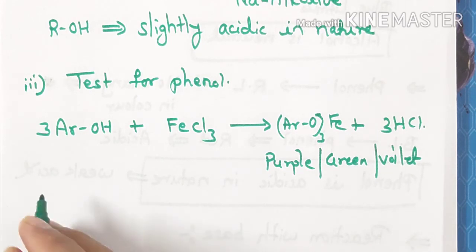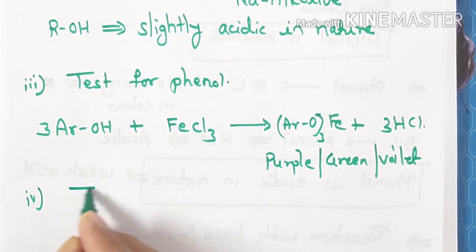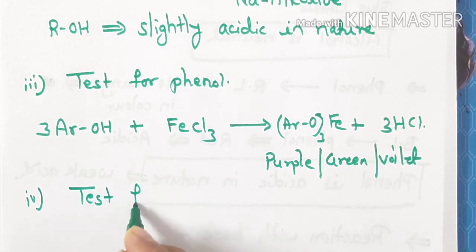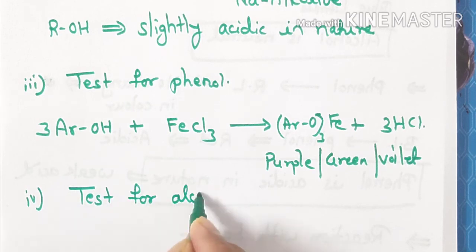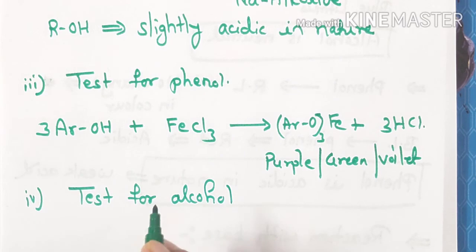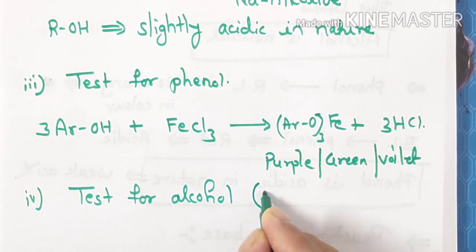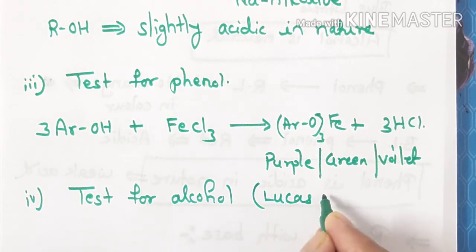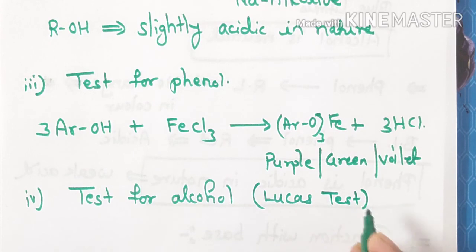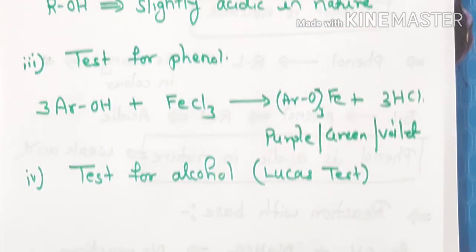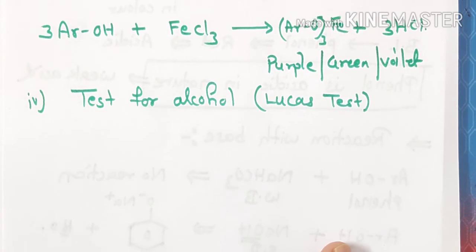In the same way, there is a test for alcohol. What is that test? We have already studied this test. Test for alcohol, right? And this test is called the Lucas test. Student, this we have studied in great depth in the last chapter.